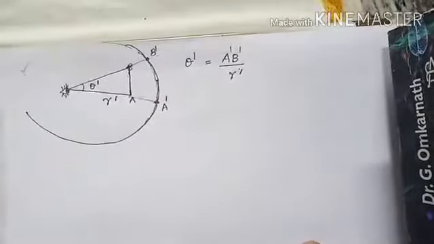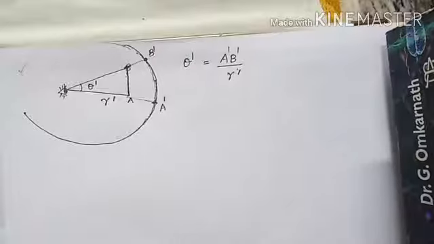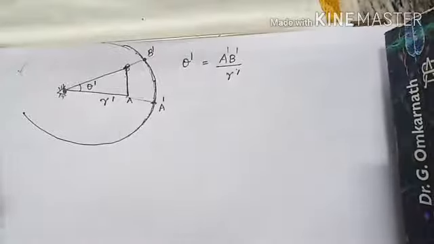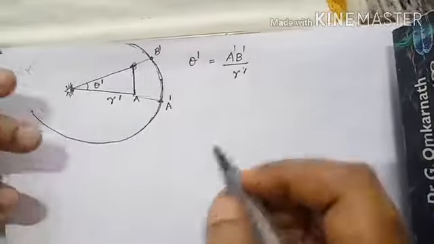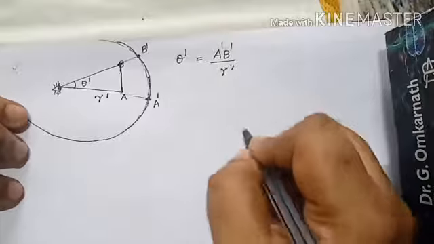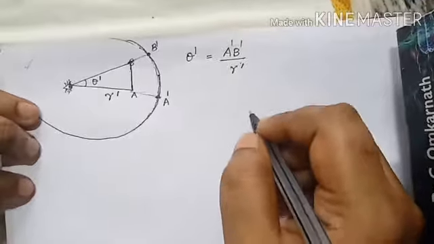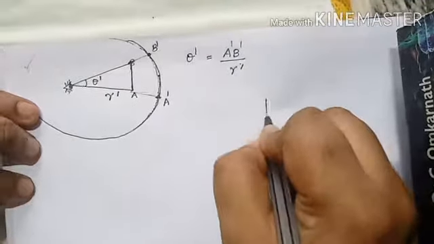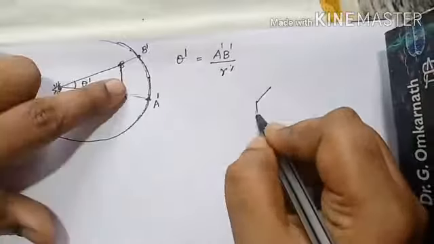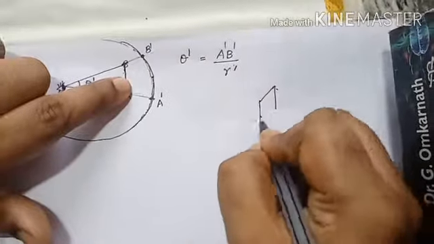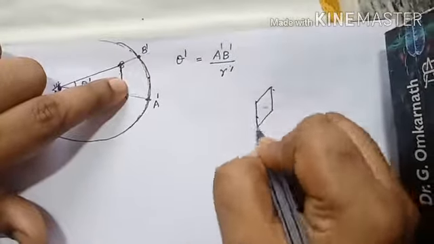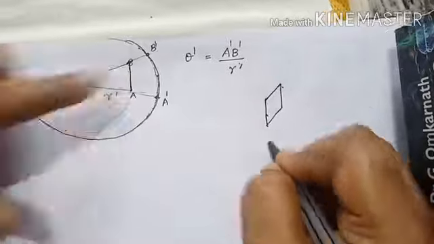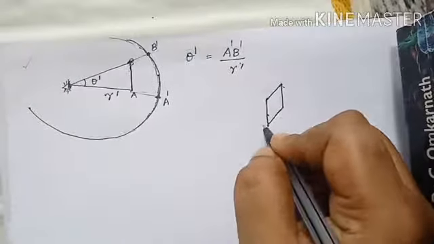Now what happens if we replace this rod with a plain sheet of paper? I'm going to draw it again. I'm not a good artist guys, so please understand. This rod AB, I'm going to replace with a plain sheet of paper.